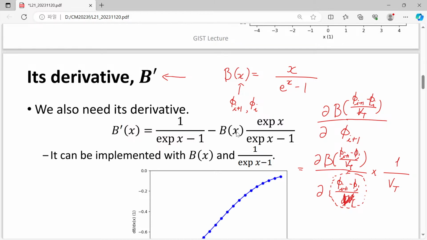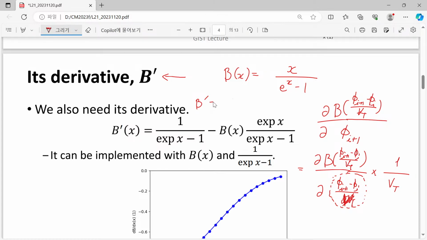So please have a look at the original form of the Bernoulli function. Then what we can do is take the derivative. First x is differentiated, and here we have 1 over exponential x minus 1. This is corresponding to the first one.